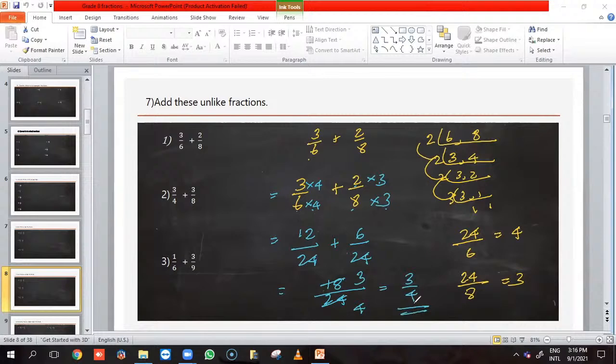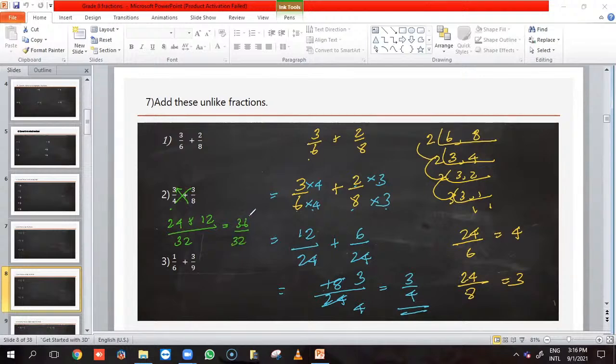The other method that you can do. Any method you can prefer to do this. Then I am explaining for you both two methods. So let's do the second question by using the first method. 8 times 3, 24. 4 times 3, 12. 4 times 8, 32. 36 over 32.